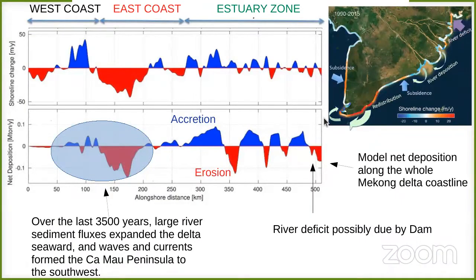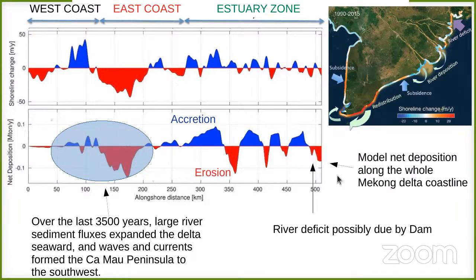In this slide, the information of flux on the coast is the same information, but in this scheme you have the longshore distance and the net deposition. So there is nothing more there. It shows the big pattern of erosion and deposition, and, as I said, the Ca Mau Peninsula being pushed to the southwest.